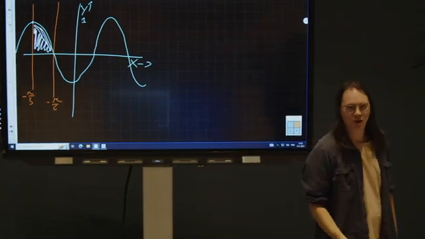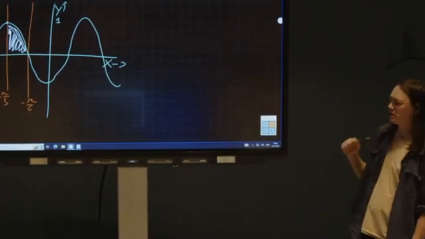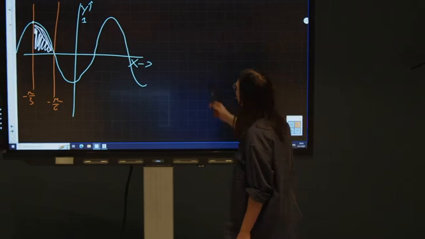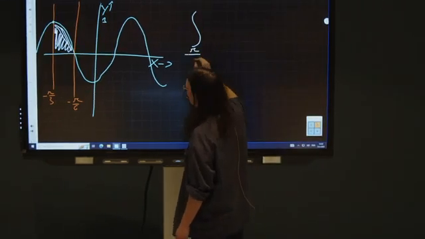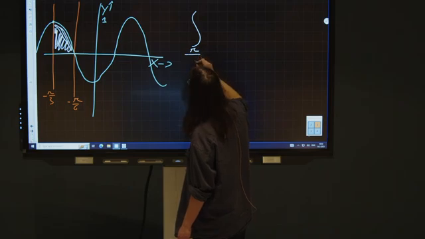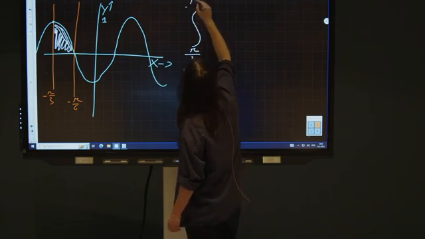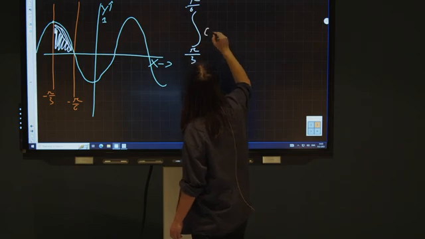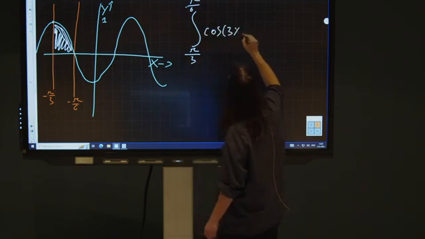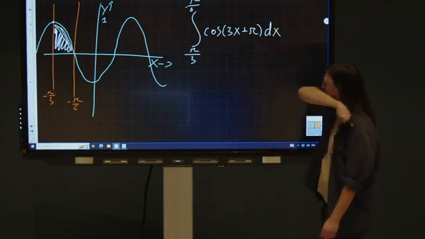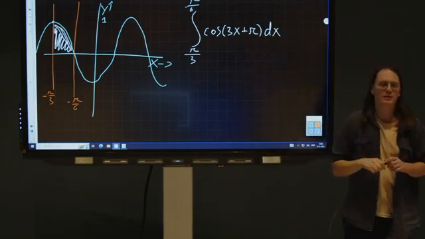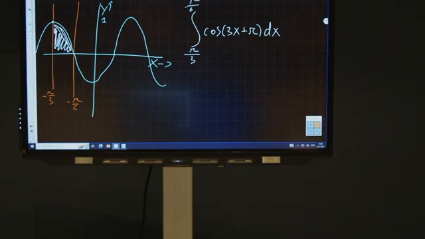So the question is really just to integrate the function cosine of 3x plus pi from minus pi over 3 to minus pi over 6.